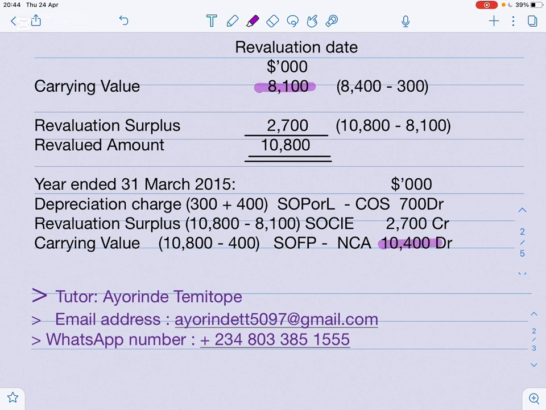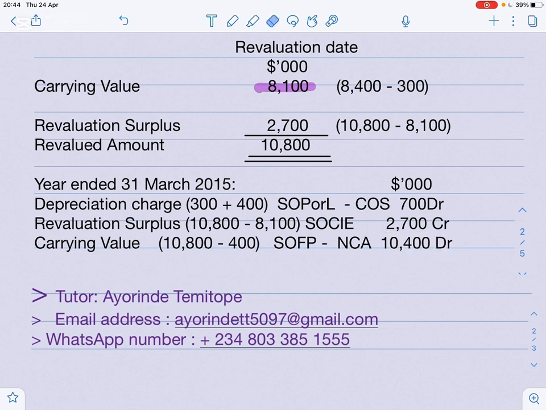Now, you must have noticed I put DR there, which is debit. So when you have an asset, in the asset account, that asset will have a debit entry.